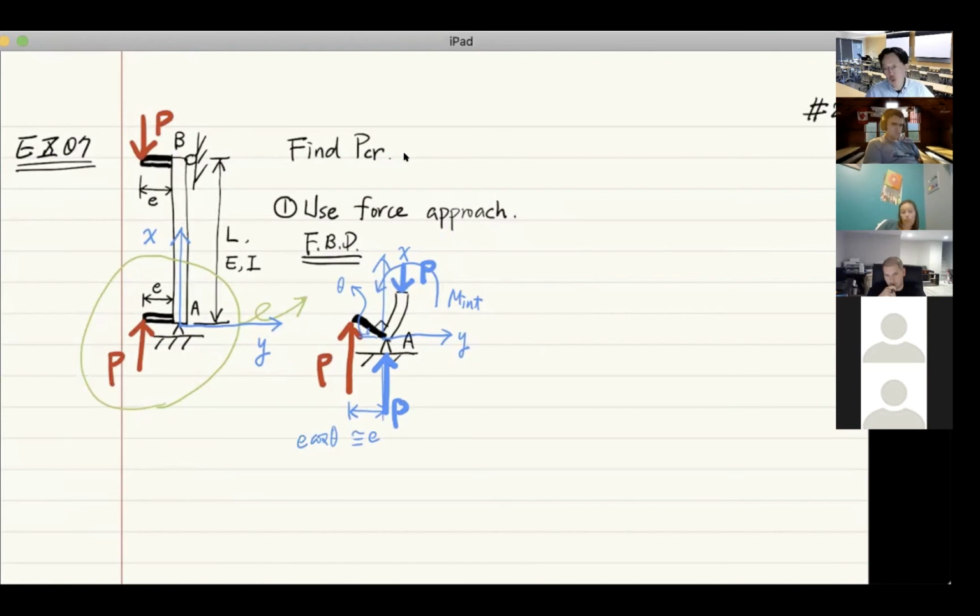Correct? Of course, it should be P times E cosine theta, but we said we're going to simplify the problem, so we take it as just E. Therefore, another moment here is going to be this, and this is just P times E. Correct?